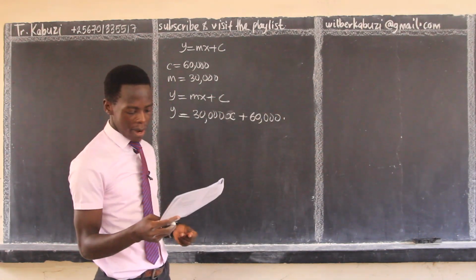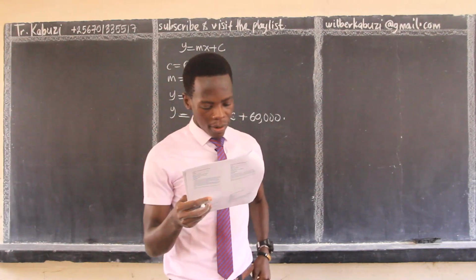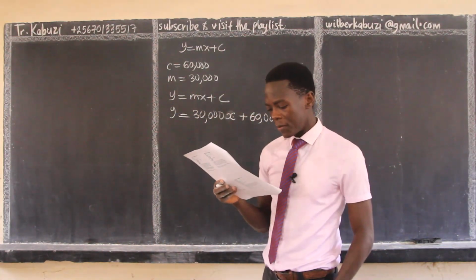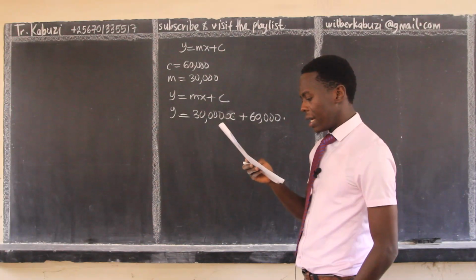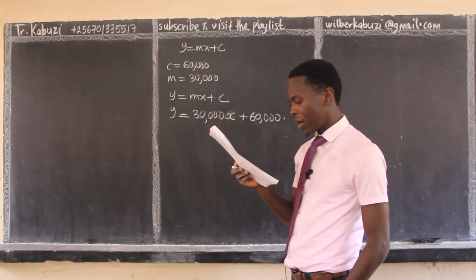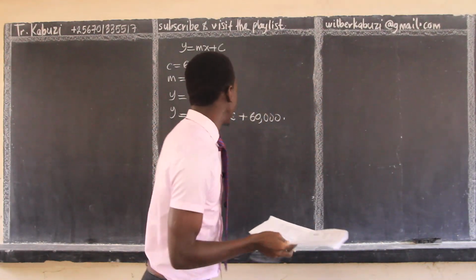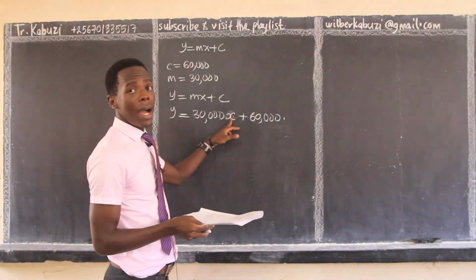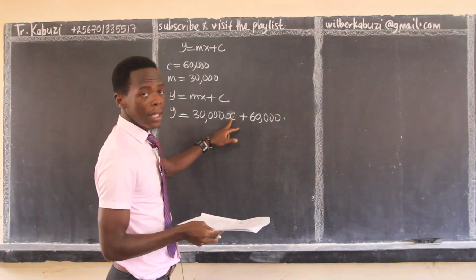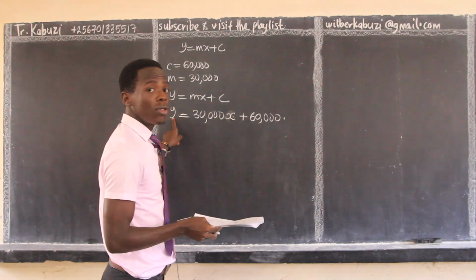This man wants to know the number of days spent there. So the tourist wants to know the cost of staying for only 4 days. Now the x is the number of days, so the y is the total cost.